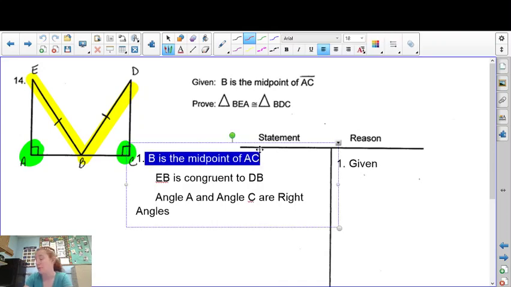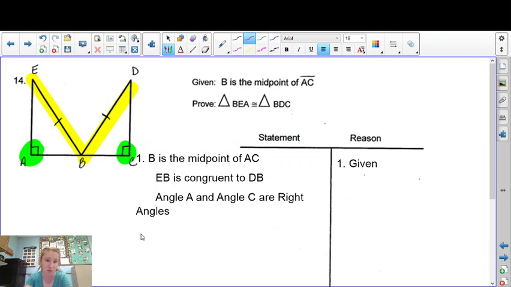I see the word midpoint first, so I'm going to talk about midpoint first. It doesn't matter if you don't; you can do it later. That's just how I like to do it. So if B is the midpoint of AC, that means B sits in the middle. So therefore, AB and CB must be congruent.